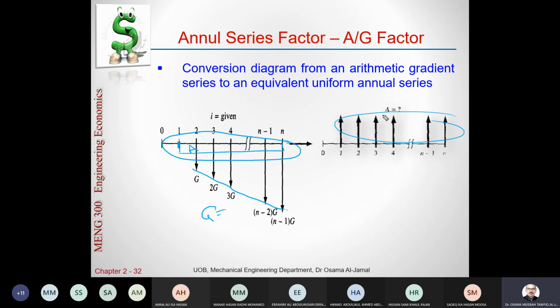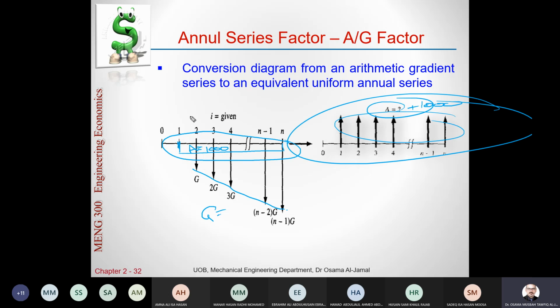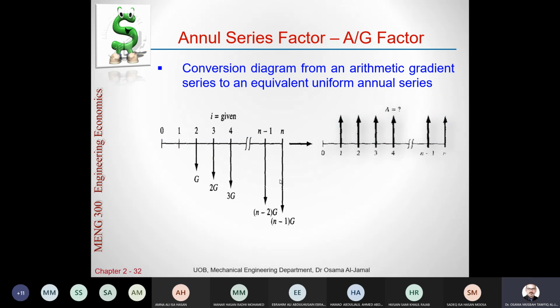Say for example it was 1,000 in the previous example, just add it directly over that one and that will give you the total annuity of that gradient.